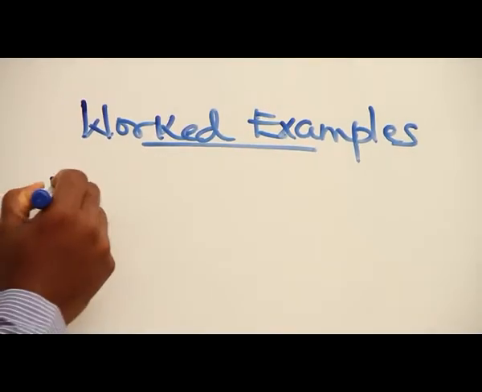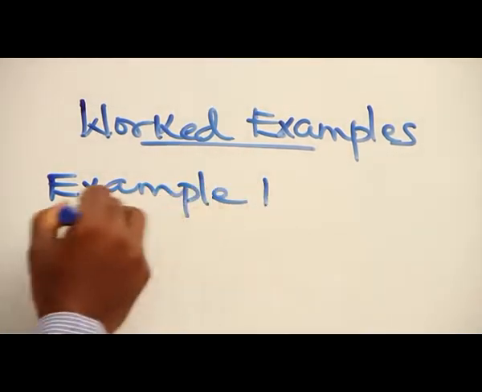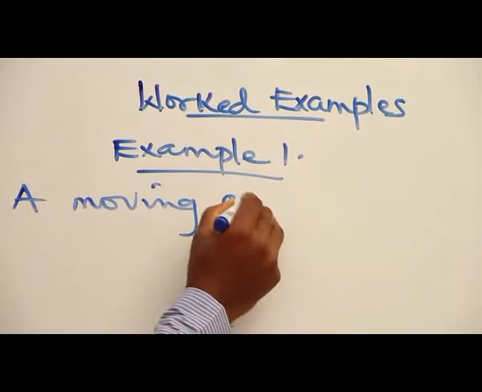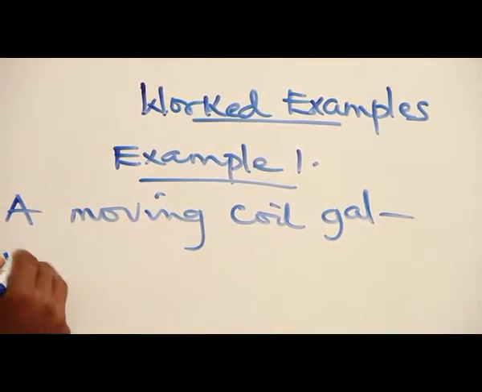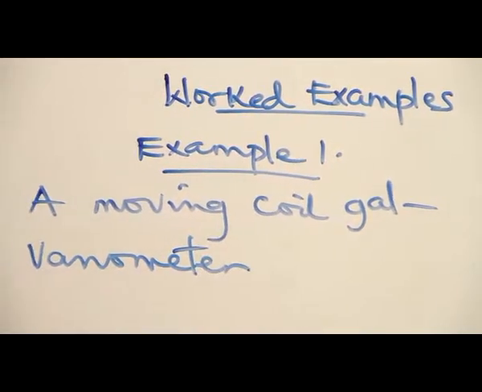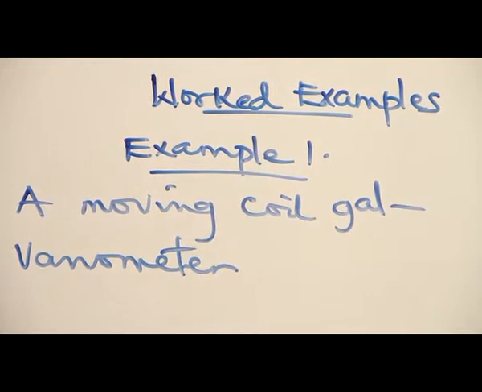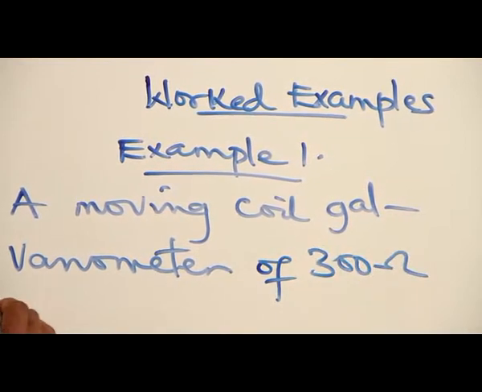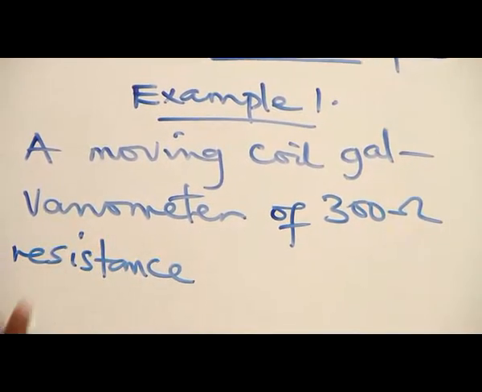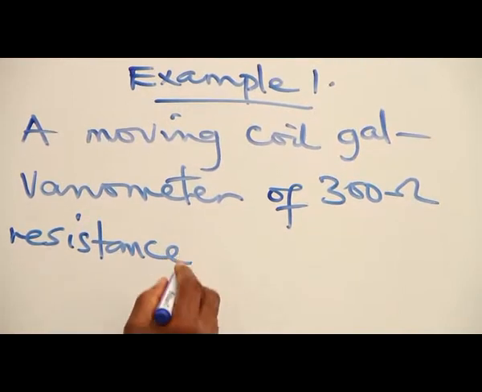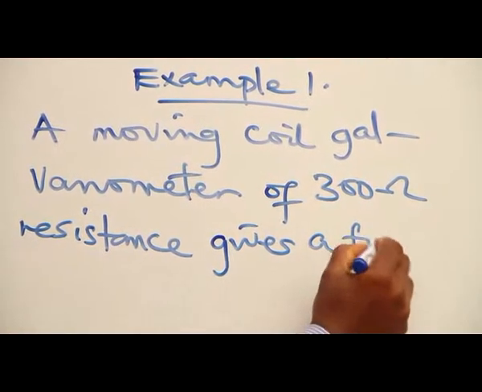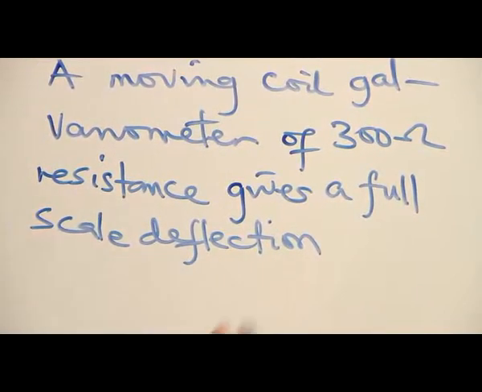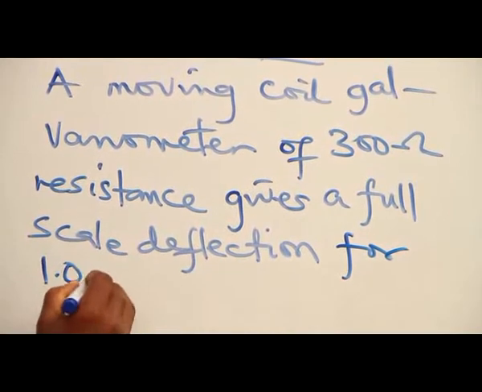Example 1. A moving coil galvanometer of 300 ohm resistance gives a full-scale deflection for 1 milliampere.